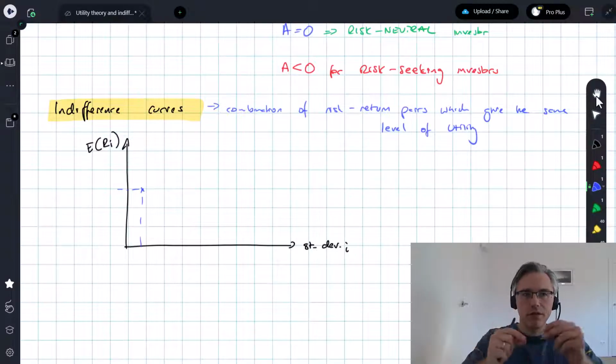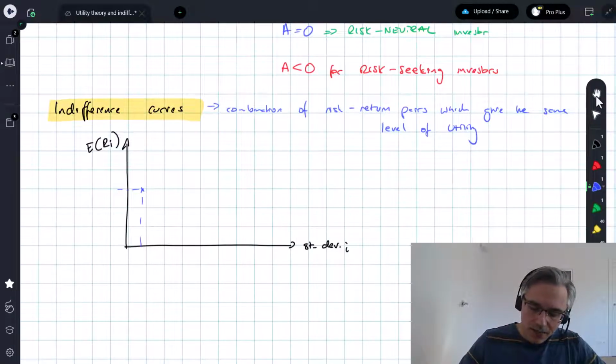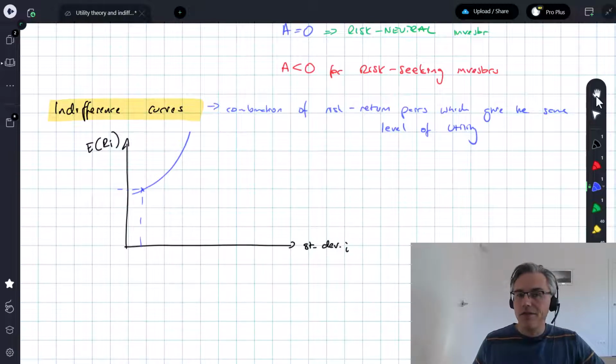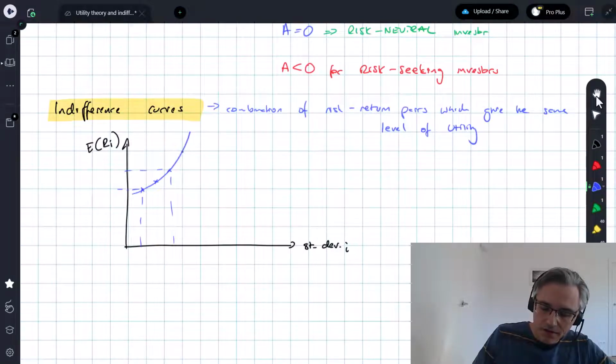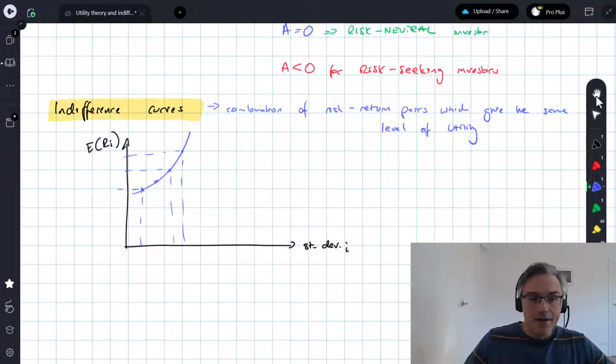Well, you'd have to plug them into the function, and maybe a risk-averse investor could have an indifference curve like this. So all the points on it, each one being a distinct combination of risk and return, give the investor the same level of utility.